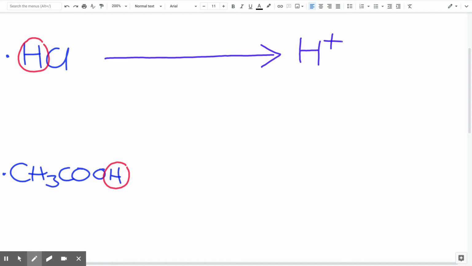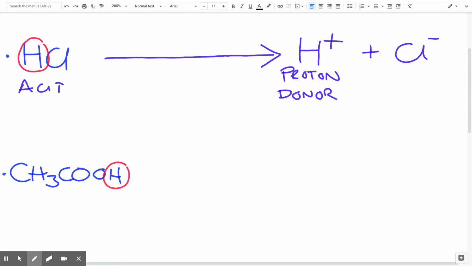So if the H+ ion can be donated, it is defined as an acid in a very simplistic sense. So this is a proton or H+ ion, and if this is able to donate this proton, then HCl, hydrochloric acid, can be regarded as acidic because it is acting as a proton donor.